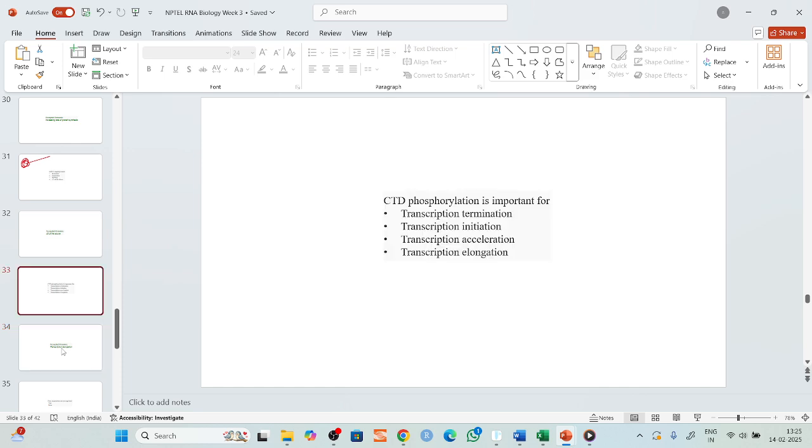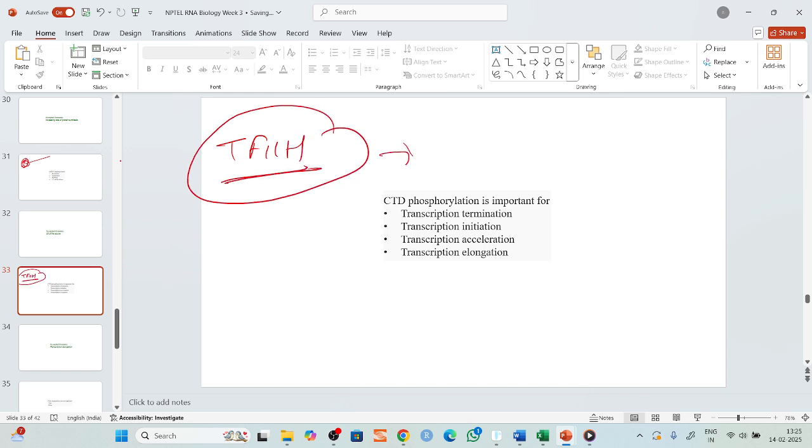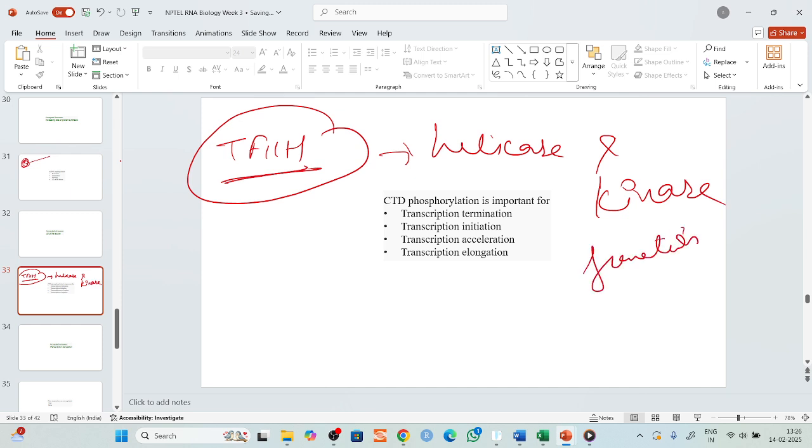Once transcription initiation is completed in the case of eukaryotes, then for elongation the carboxyl terminal domain is phosphorylated with the help of which transcription factor? The transcription factor needed is TFIIH. It has helicase and kinase function both.